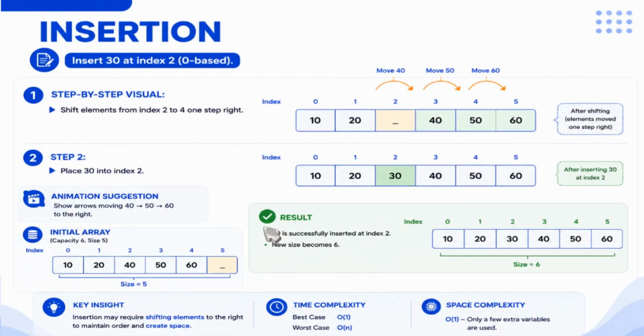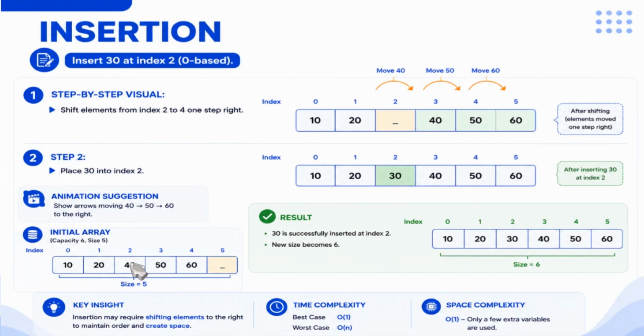It's important that when shifting we must loop from the end backward to avoid overwriting data. If we loop from left to right, we would lose values.